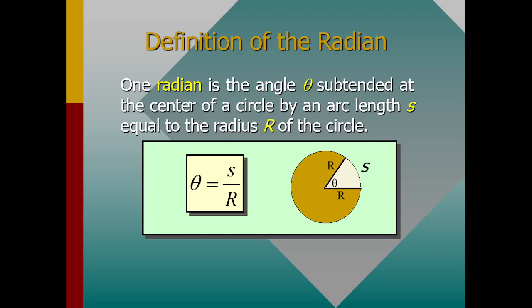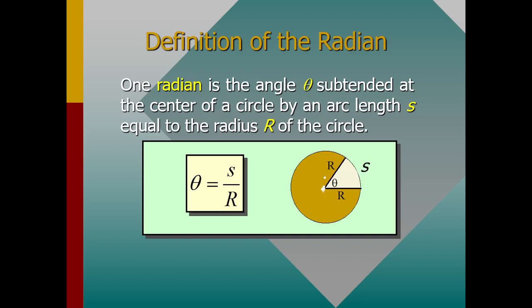This is the center of this particular circle. So it's just the angle which is made by an arc length, this S, and this arc length is equal to the radius of the circle, which is simply R.